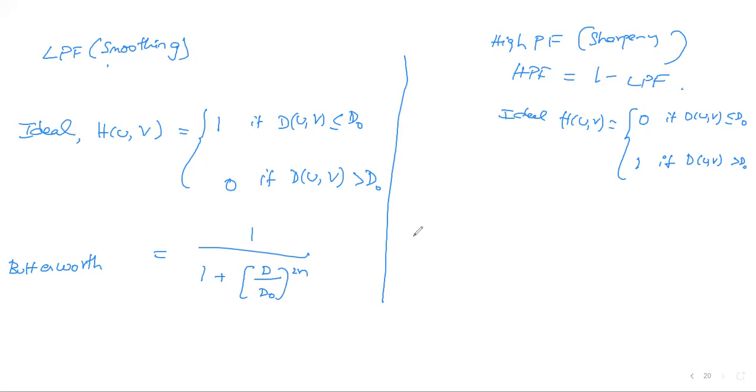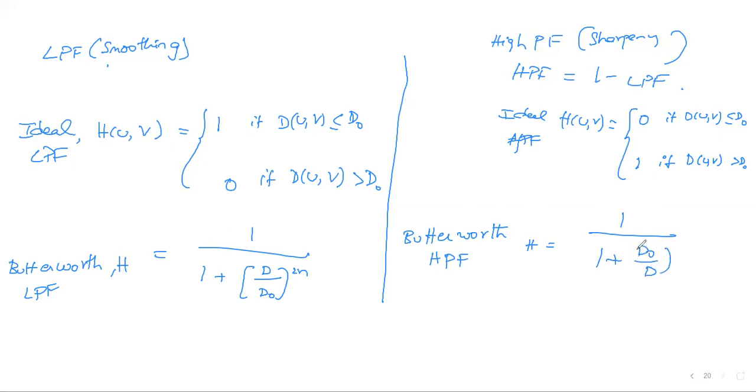For the Butterworth HPF, H is given as 1 minus this one. After solving, we get 1 by 1 plus (D naught by D) whole power 2n.